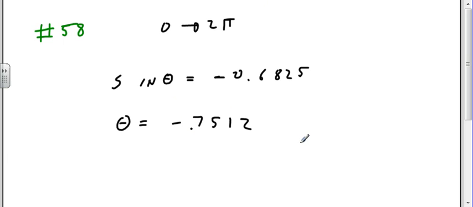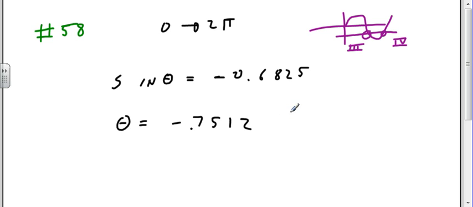Okay, now that's one answer, but there are 2 answers. I've got to go find the other one. So I look at this, and my sine function does that. So that means I'm going to have 2 answers: a 4th quadrant answer and a 3rd quadrant answer. And I probably want it to be in positive radians.